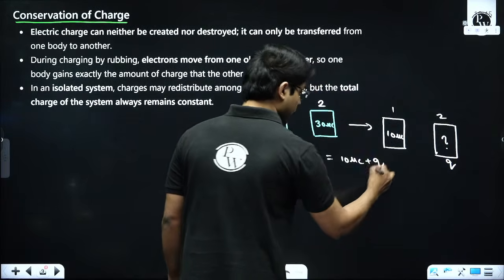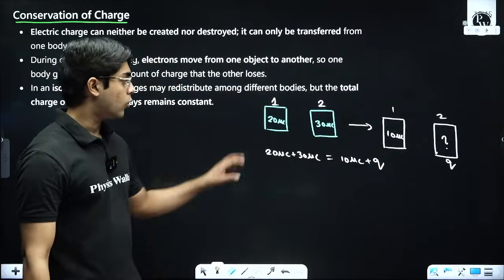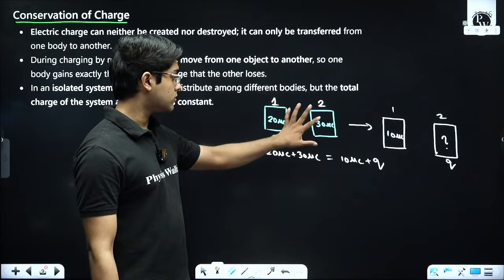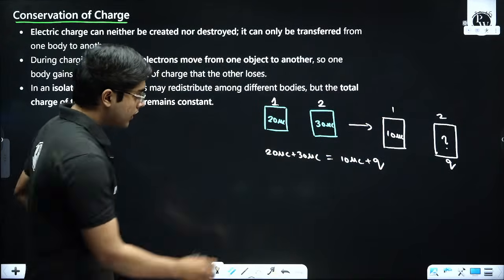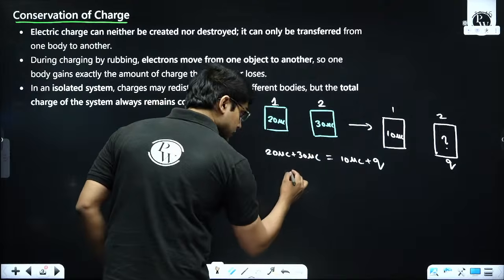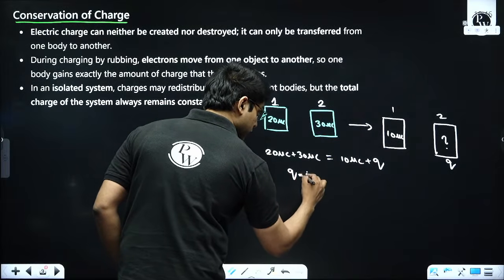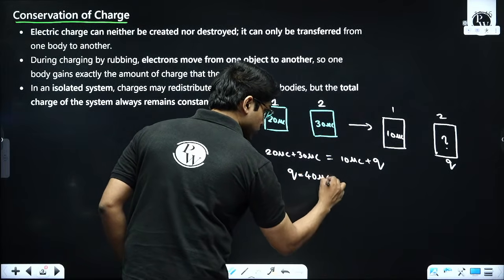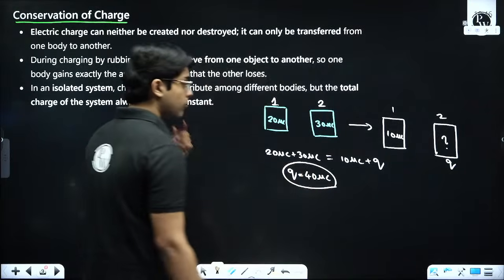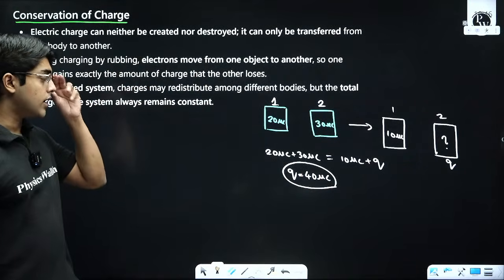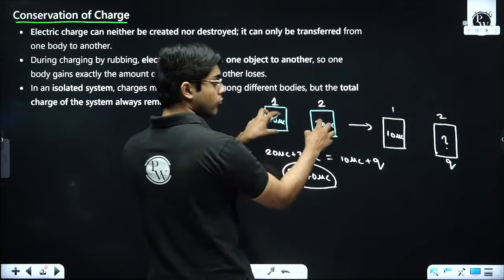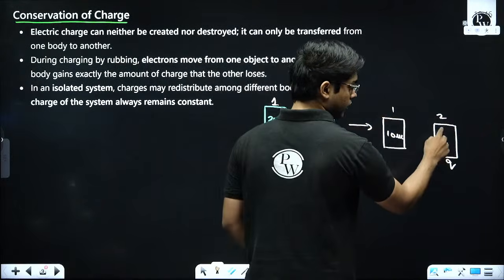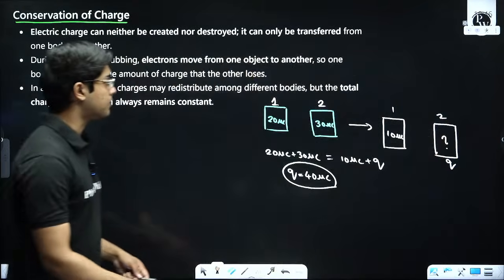This must be true: the total charge before any process is equal to the total charge after any process. So 50 minus 10 is 40. The charge in box 2 is 40 microcoulomb. If charge cannot be destroyed or created, the total charge here was 50, so finally also it should be 50, which means the charge here should be 40.